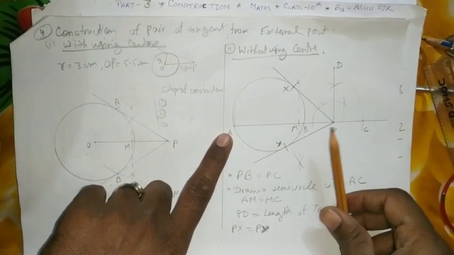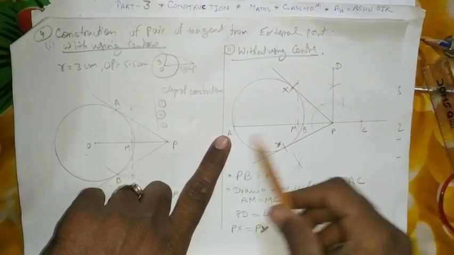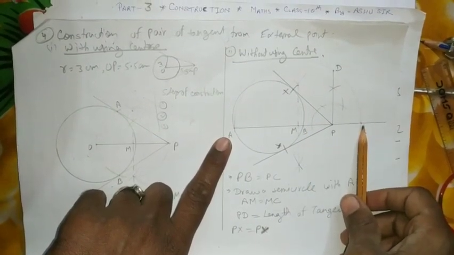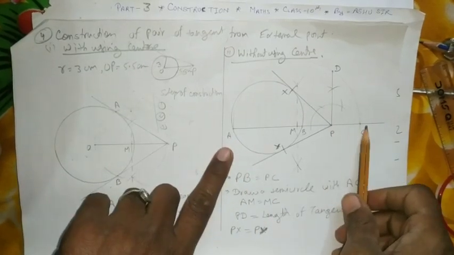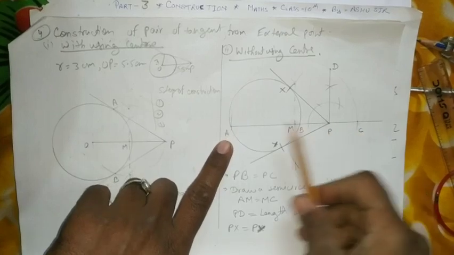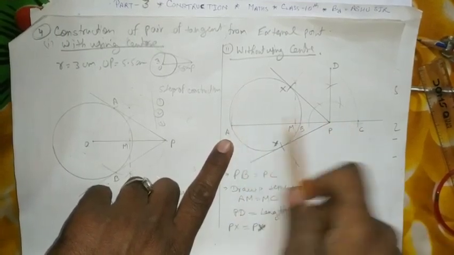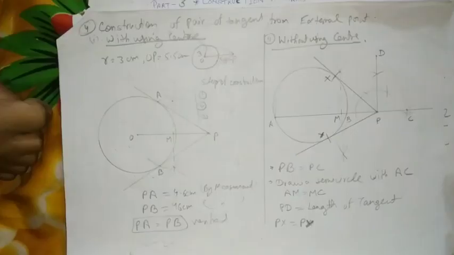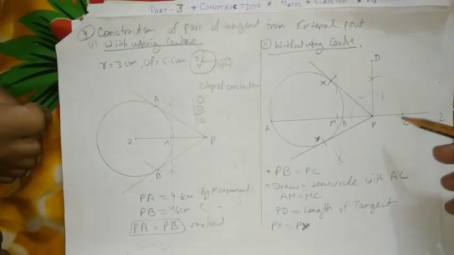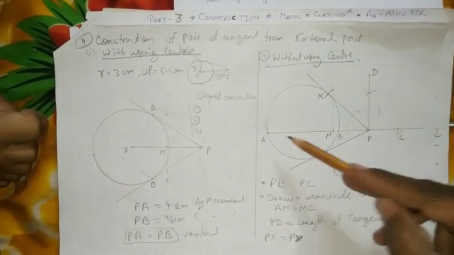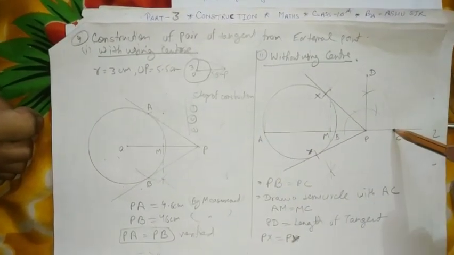Fourth, take C as a point on this line, that is PB is equal to PC. Then draw a semicircle with AC as a diameter. So draw it. So this semicircle meets at AC.